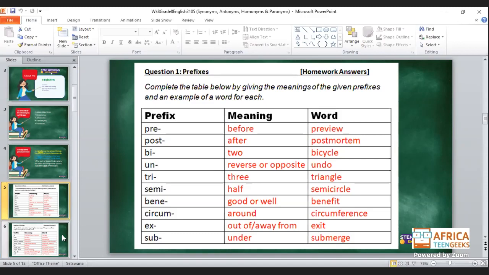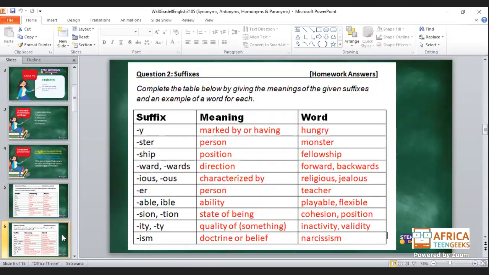Let's quickly go to question two. Question two was about suffixes, where you had to complete the table below by giving the meanings of the given suffixes and an example of a word for each. So there are the suffixes I gave.